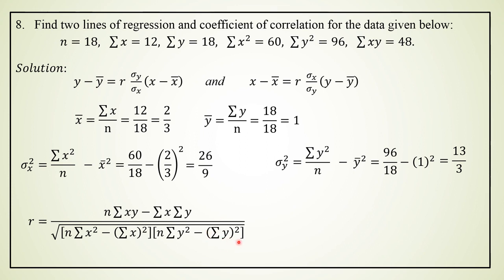So just substitute the values over here and simplify it so that you are going to get the value of r to be equal to 0.5652.